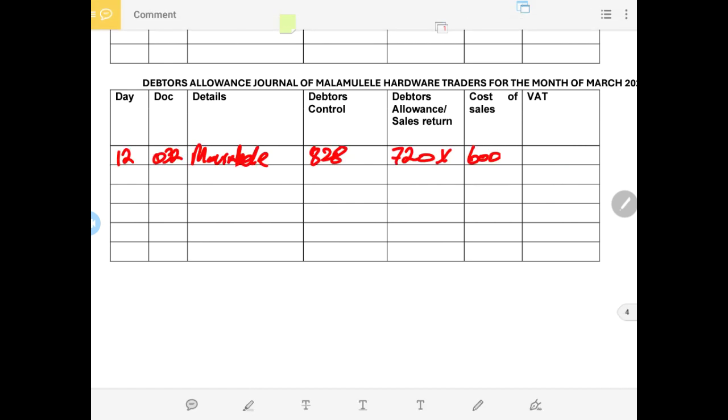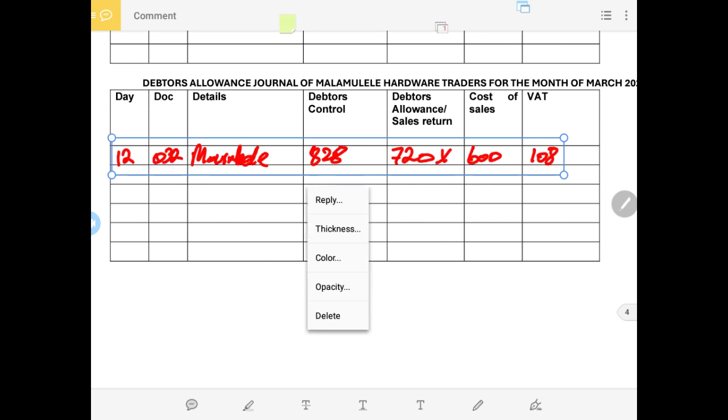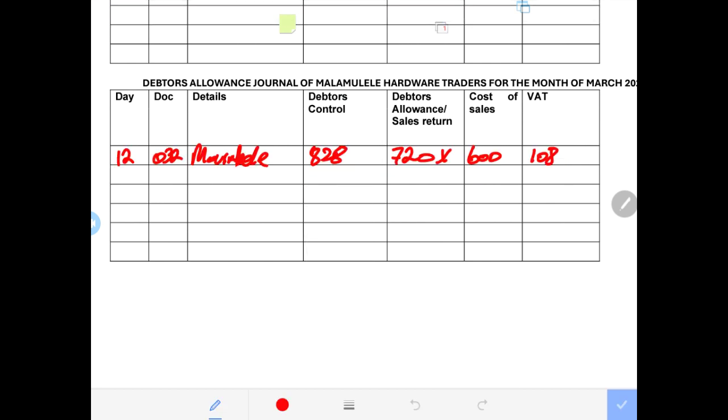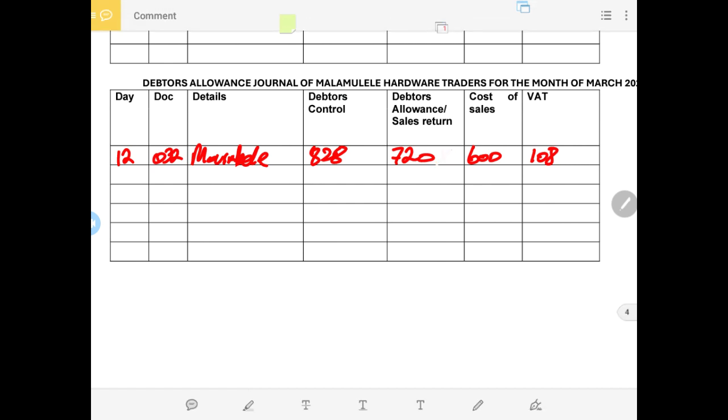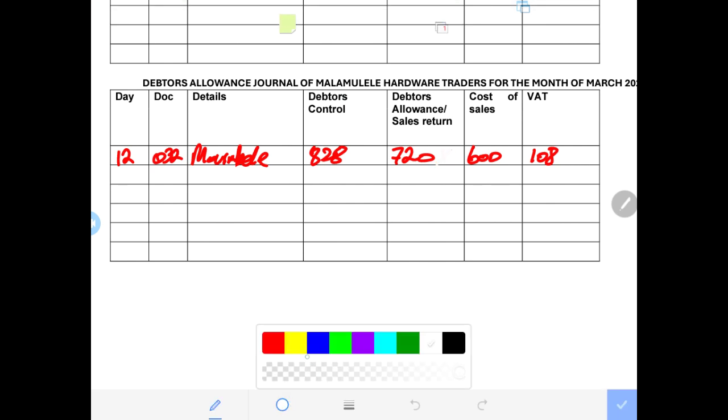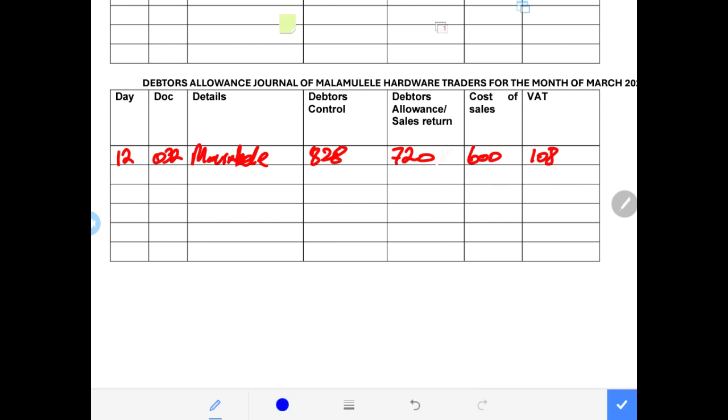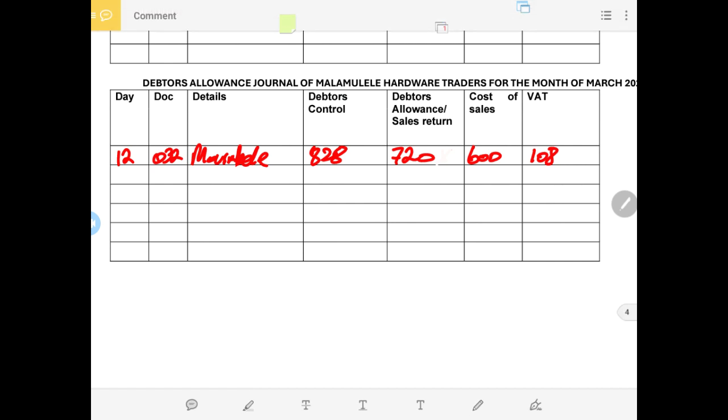They said the cost price of the goods that were returned amounted to 600. So cost of sales was already given to us, and we're told that the cost of goods that were returned was 600. So that's how we deal with the debtors allowance.